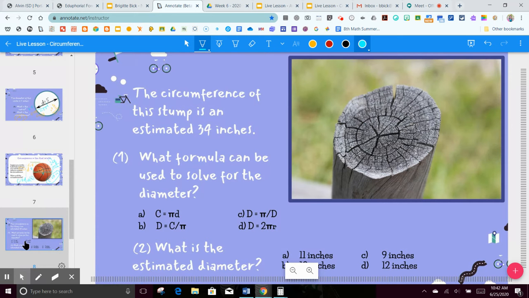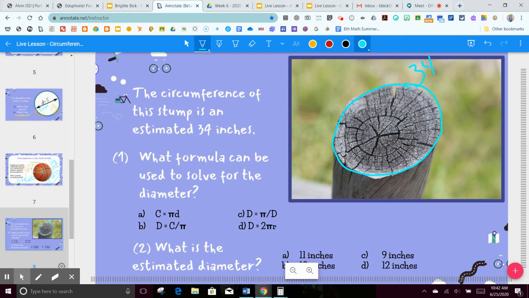On to our tree stump. The circumference of this stump is an estimated 34 inches. Okay, so the distance around this tree stump is roughly 34 inches. What formula can be used to solve for the diameter? Well, if you remember back a couple slides when I told you to take a screenshot or to come back to it, I told you we'd use this again.